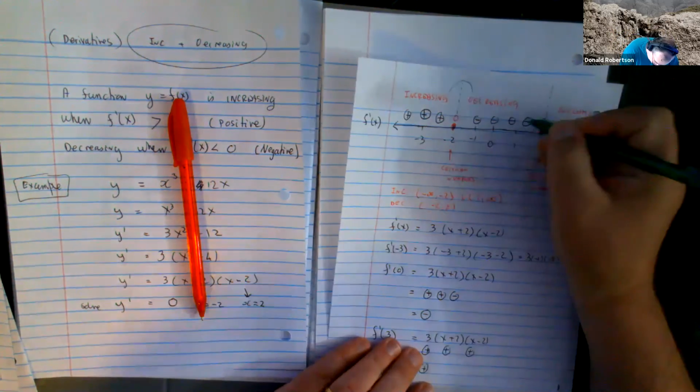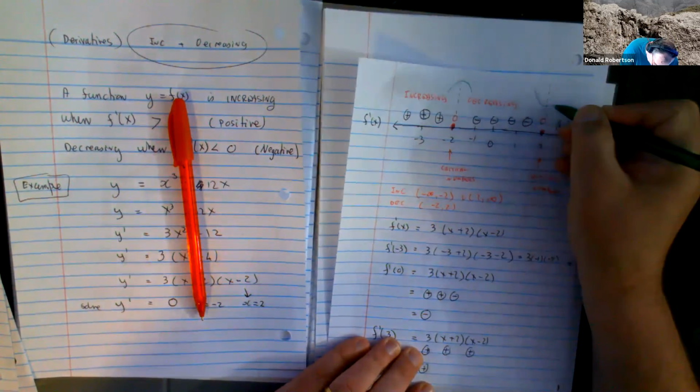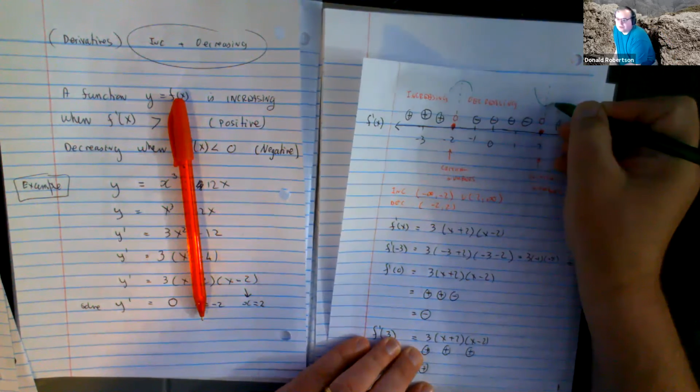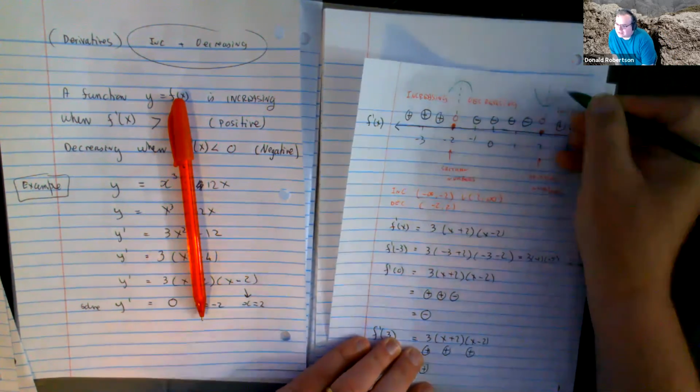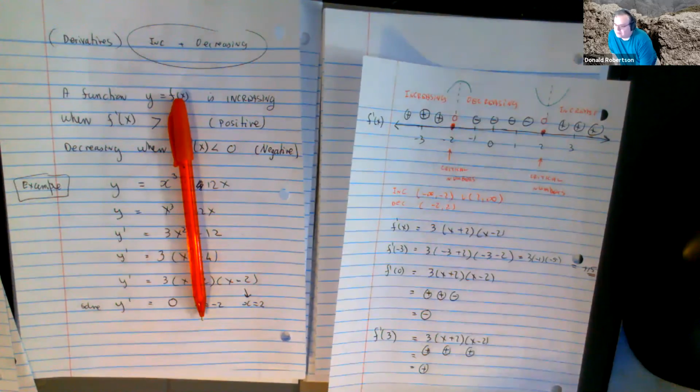And on this side, at x equals 2, it's decreasing, then it goes 0, and then it's increasing. Can I now also tell that there's a local minimum? Do you see I get local max and local min for free? They're already in that piece of information. So far, so good.